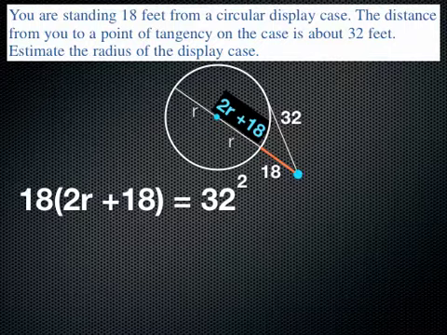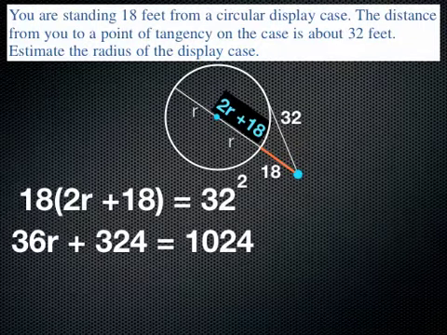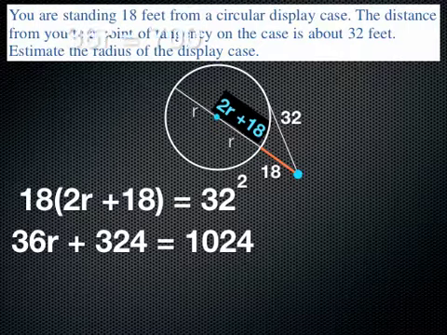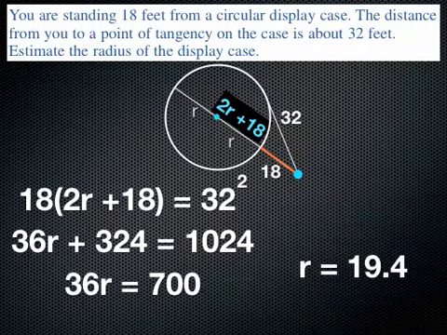Distribute your 18, and you get 36R plus 324 equals 1,024. Subtract 324 from both sides, and you get 36R equals 700. Divide both sides by 36, and you find R to be about 19.4 feet.